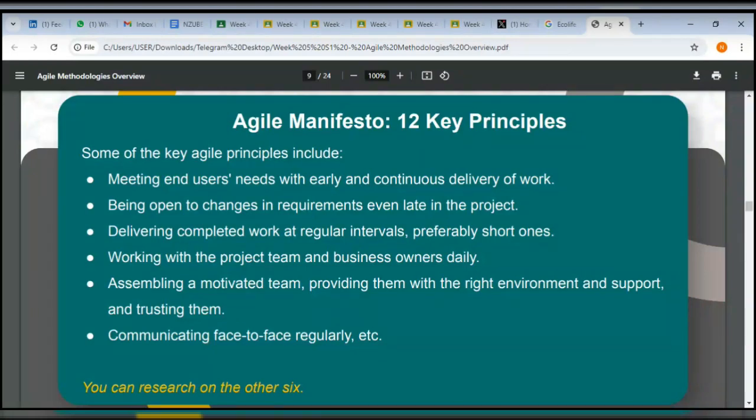It says here that one of the key principles is meeting end users' needs with early and continuous delivery of work. So, mind you, when you're working with an agile team, there is a continuous deliberation on what needs to be improved on. So if you're hired by, say, Chowdeck, you already have a functional app, right? They have functional features. It's like, why do they need a product manager?